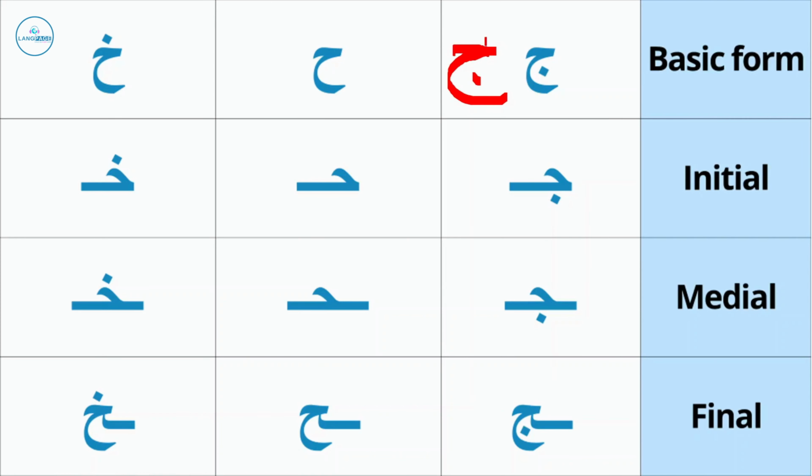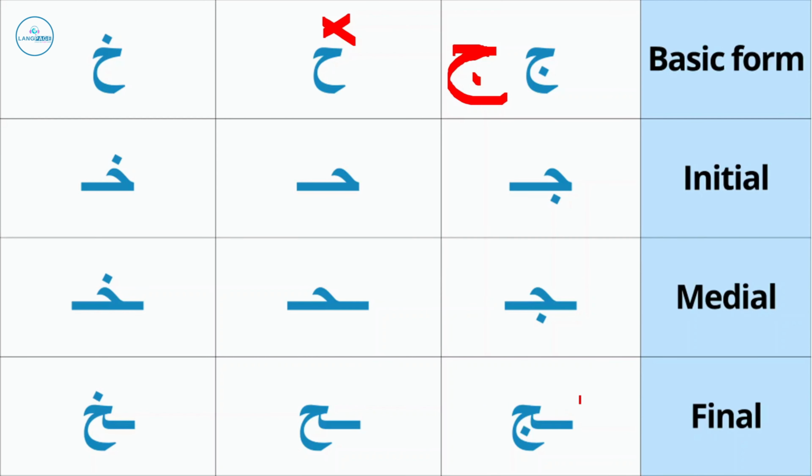Ha is having no dots. Kha is having 1 dot above. The basic is just like this. Then the initial form is starting the word. The medial is in the middle, so it's having 2 hands. And then the final is ending the word.